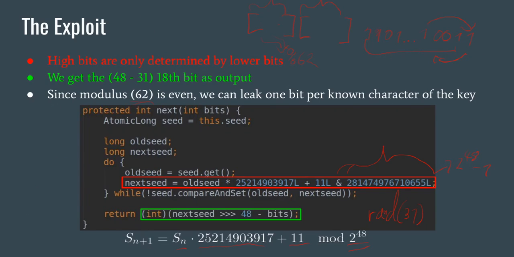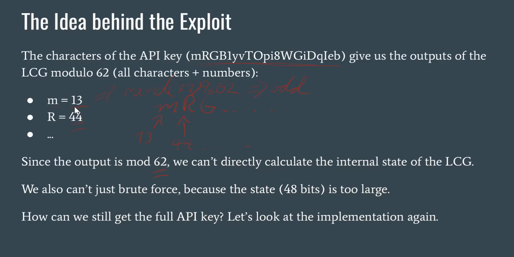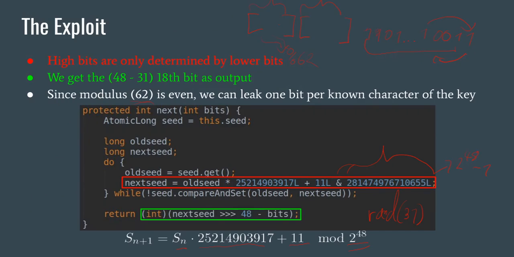So we know in the first state the upper 31 bits were odd, in the second state the upper 31 bits were even, and so on and so forth.